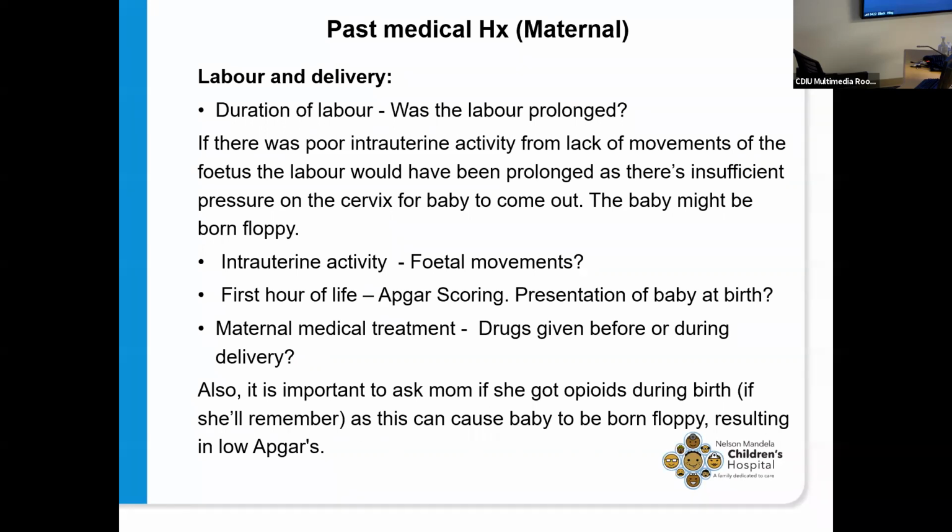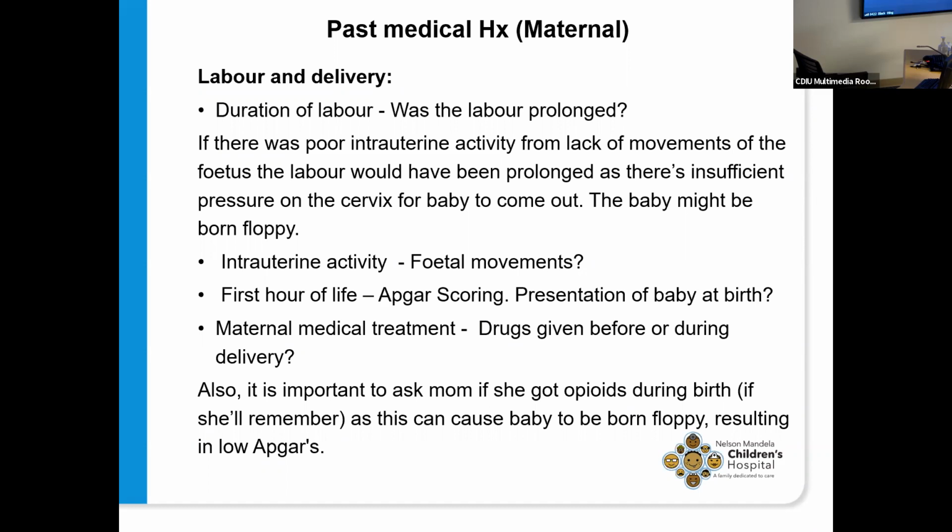With all of this, we're going to check if there was poor intrauterine activity from lack of movements of the fetus, labor would have been prolonged, as there was maybe insufficient pressure on the cervix for the baby to come out. And then the baby might have been born floppy. The floppiness could also have been from drugs given before or during delivery.